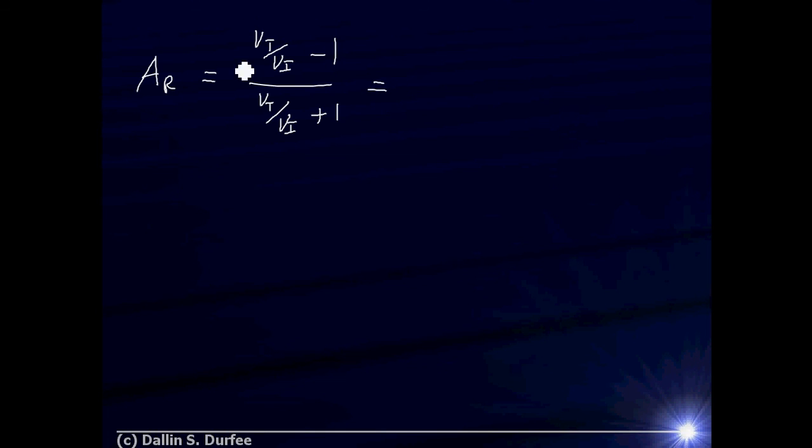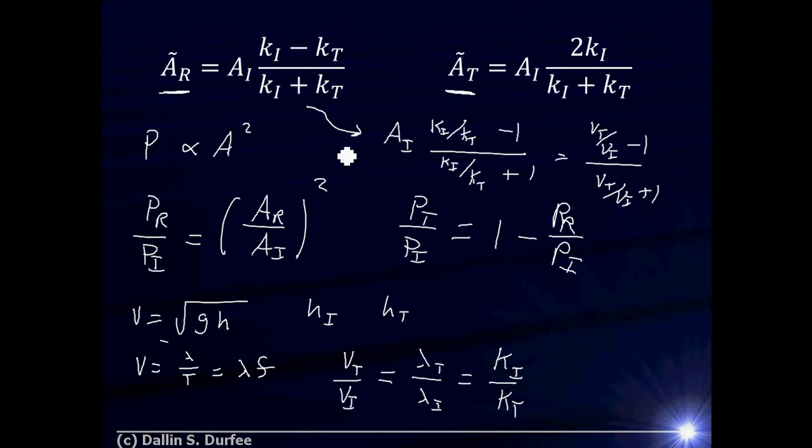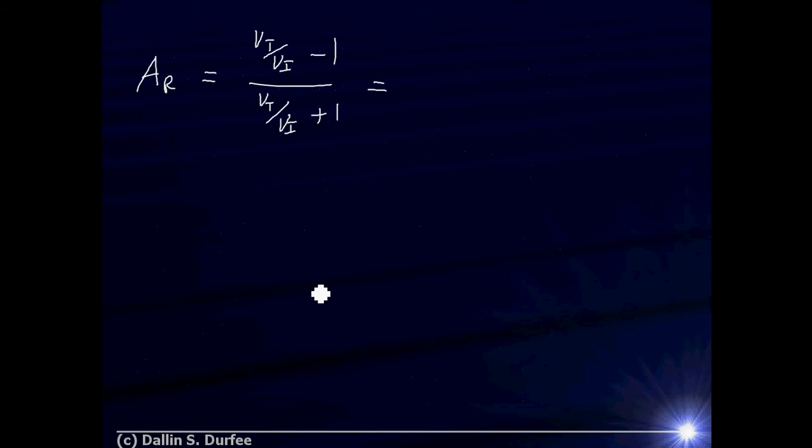And then we said, oh, but that v transmitted over v incident is the same as, since the velocity goes as the square root of h, the square root of h transmitted over h incident, which are given, divided by the square root of h transmitted over h incident plus 1. All right, so I plug that in, and I can get the amplitude of my reflected beam, right?